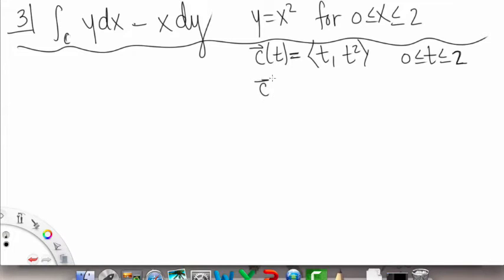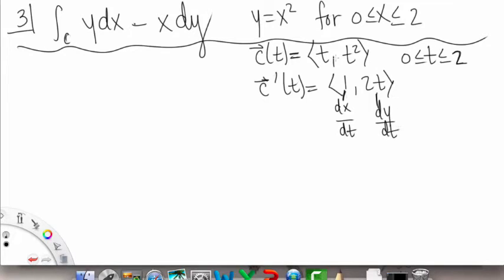So then c prime of t, lots of t's going on, is just going to be 1 comma 2t, all right? So dx dt is the 1, and 2t is our dy dt, right? Because the t here was x of t, and here t squared was y of t, all right?